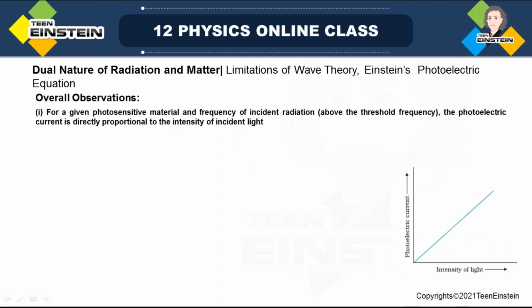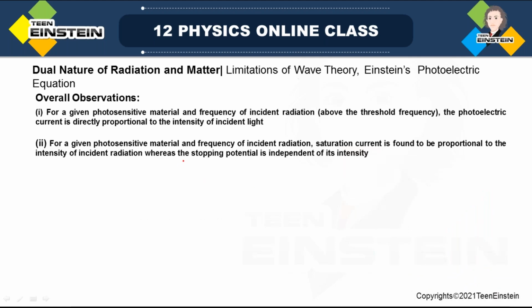So the first observation we have seen is that photoelectric current and intensity of light are directly proportional. That means if you increase the intensity, we are getting more current. So that is the first observation.